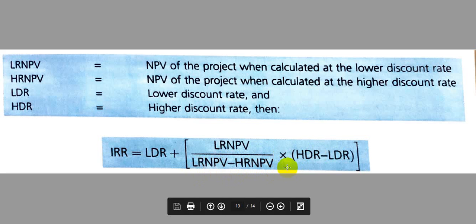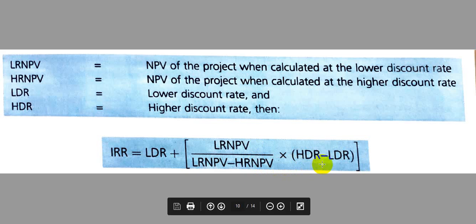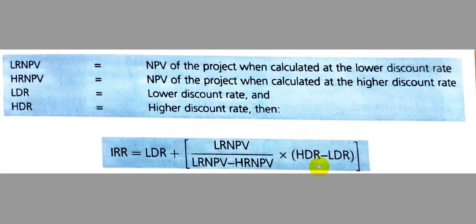And then we multiply the amount that comes out of this calculation by the high rate minus the low rate, here 20% minus 4%, that is 16%.